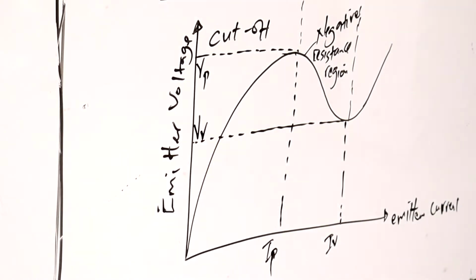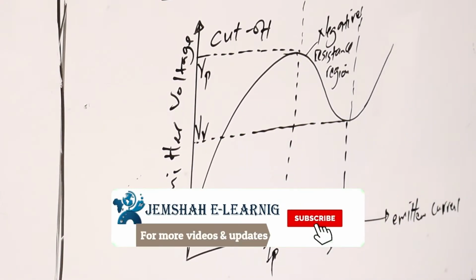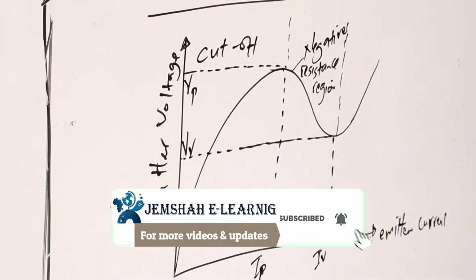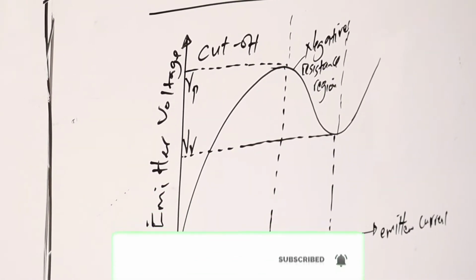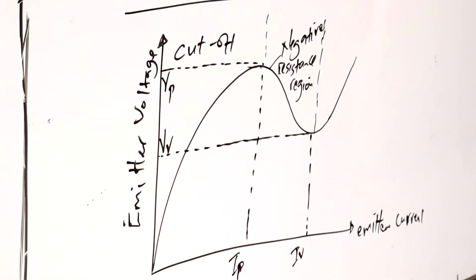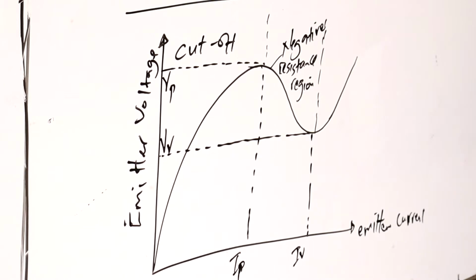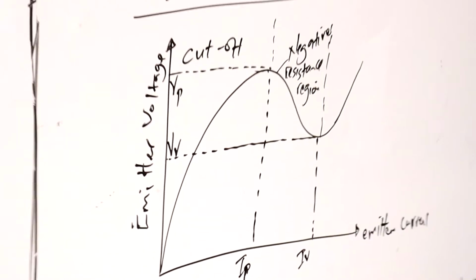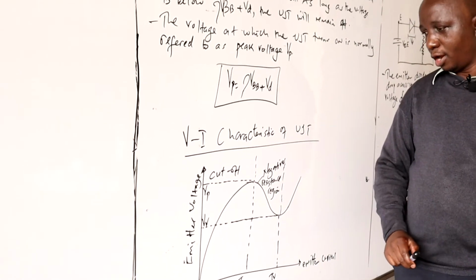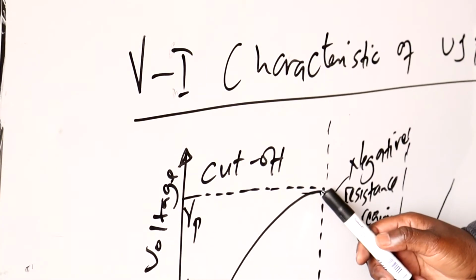So for us to have greater understanding, at this point here the voltage that we are applying is below the peak point voltage, and because of that, the transistor is at cutoff. The meaning of cutoff is the transistor is still not conductive. We must overcome that voltage. So until we achieve that voltage at this point here, the UJT is off.